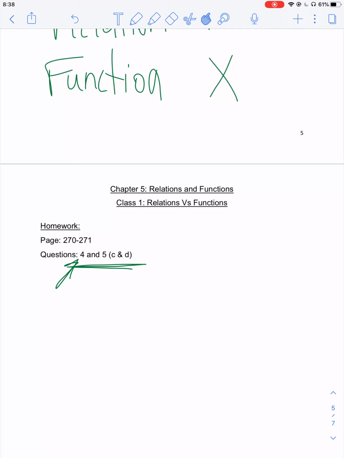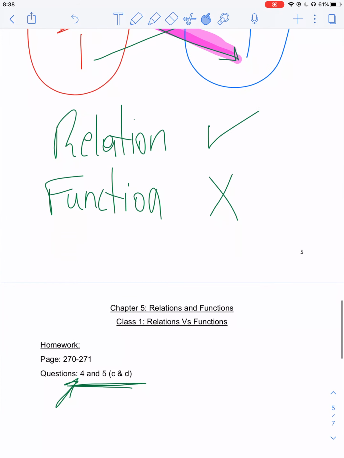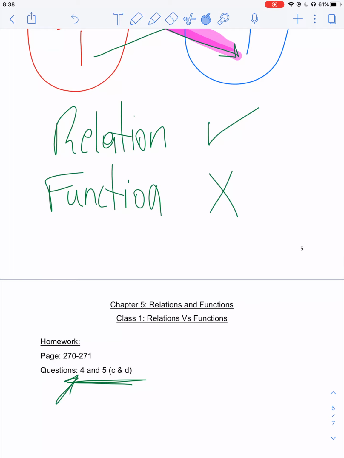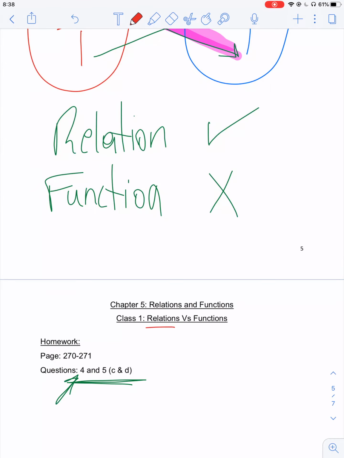So yeah, this should not be a very long video, and we're gonna start off slow. Okay, so the key thing, the big takeaway from this video is to understand the difference between a relation and a function. Okay, so whenever you have two sets associated to each other, it will always be a relation, but it might not necessarily be a function. It might not be a function, it might be a function.